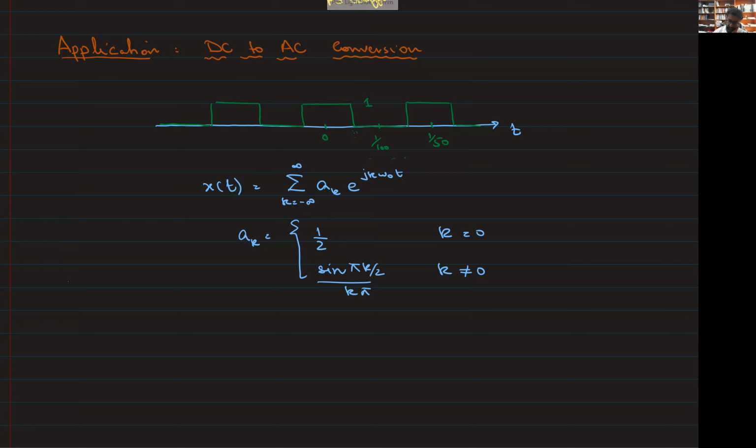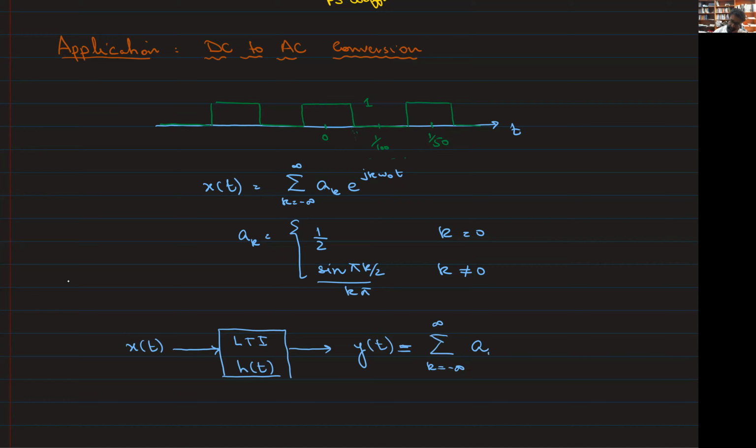Now, how do you want to get a sinusoid out of it? Here's how. If I just feed this x of t into an LTI system which has some impulse response h of t, and that's open for design, I know that the output y of t is going to be equal to the summation over k from minus infinity to plus infinity of a_k times H(jk omega naught) times e raised to j k omega naught t.